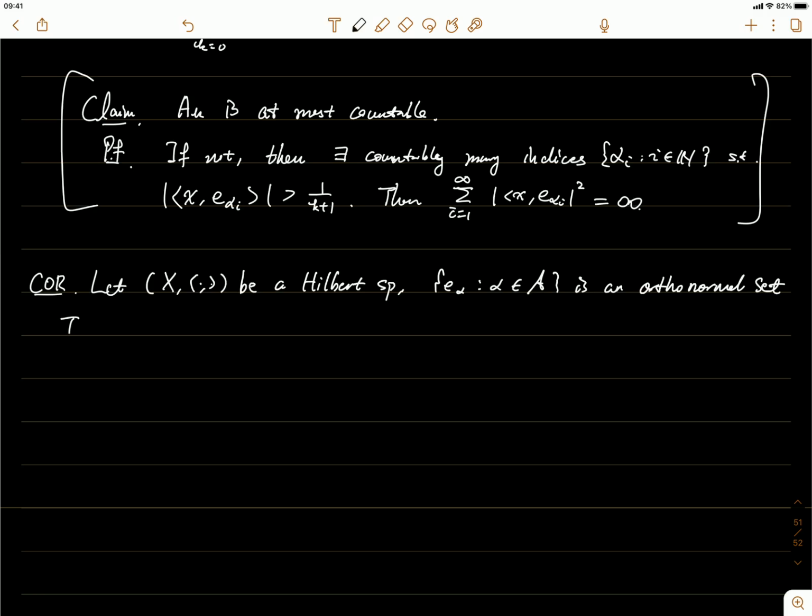Then for any x, you take the expansion or linear combination of such things.